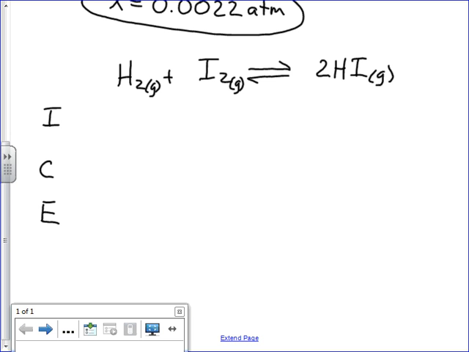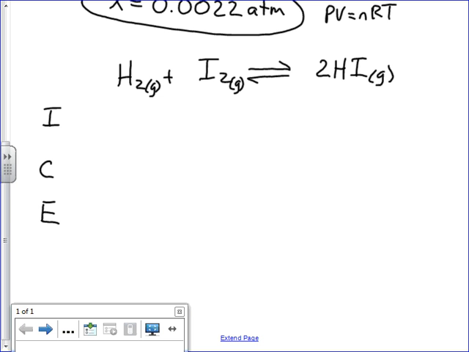How are we going to figure out the pressure of the H2 in this particular container? Yeah, we've got a volume, we've got a number of moles, and we've got a temperature, right? So we can use PV equals nRT. We're going to have to do this twice, once for the H2 and once for the I2. Okay, so just put this up here. PV equals nRT.